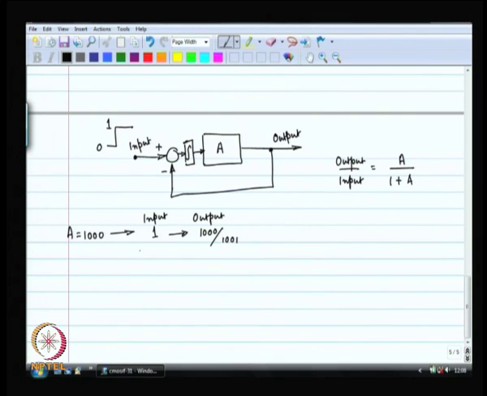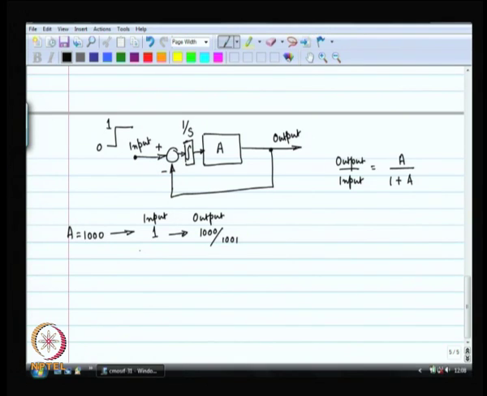If the error signal is anything but 0, then the integral of the error as a function of time is going to be infinitely large. Infinitely large means that the output is going to be infinitely large. It is inconceivable, therefore, the error signal has got to be 0. So, that is the hypothesis. Let us see how we analyze this.